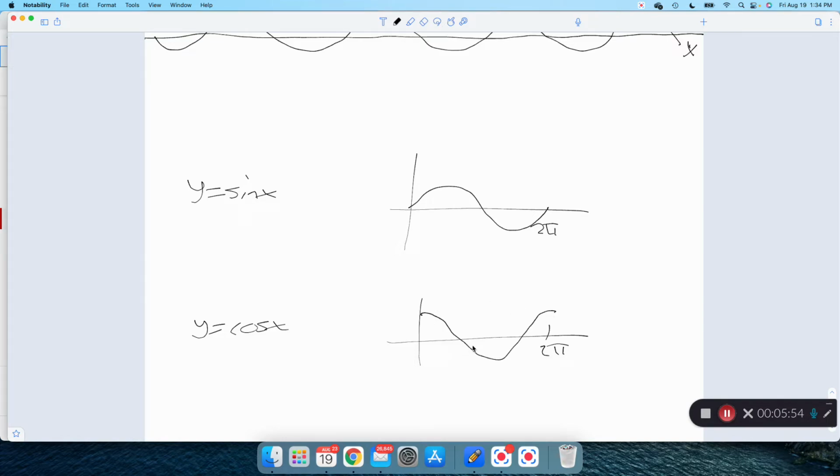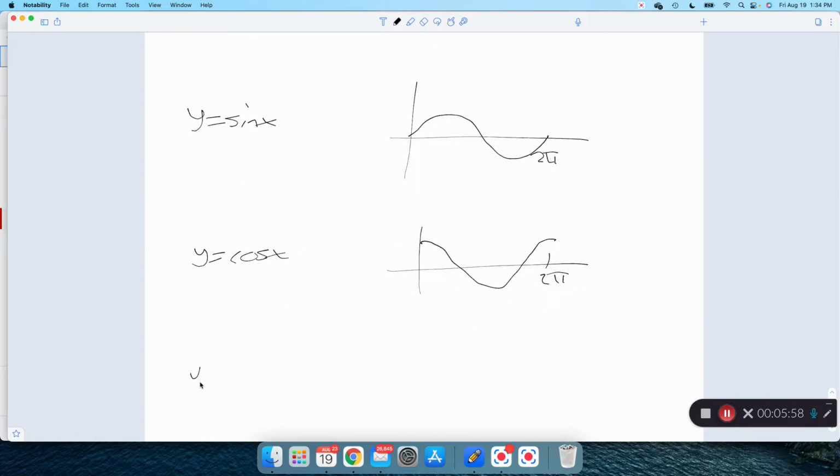What if these were negative? All they would do is get flipped over vertically. So negative sine, instead of going up, is going to start by going down. It's this guy flipped over. Negative sine still starts and ends at intercepts, but it's going down.